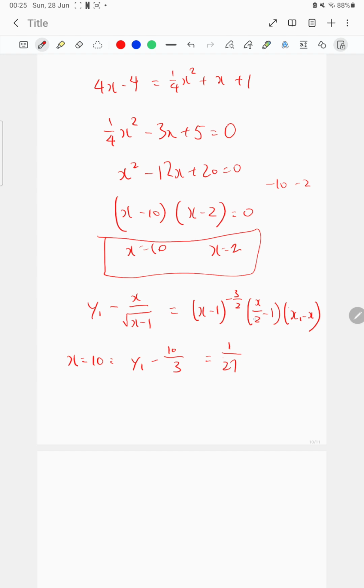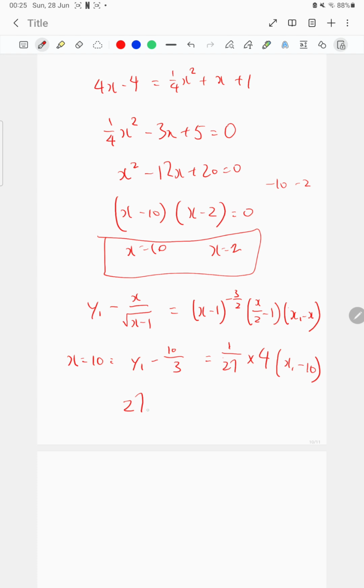Okay, x over 2, so 10 over 2 is 5. 5 minus 1 is 4, times 4, times x1 minus x, which is 10. So let's times everything by 27, because the largest denominator is 27.